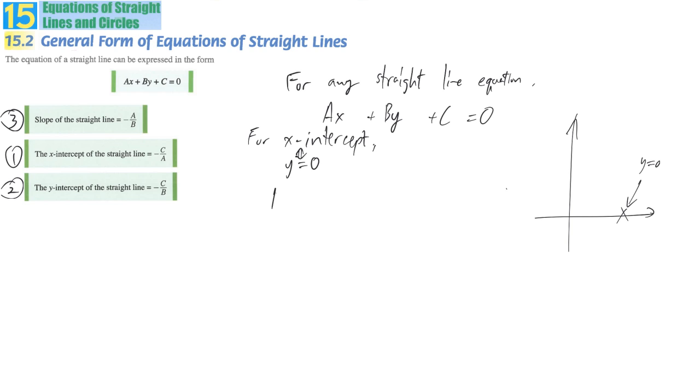Therefore, at that point, ax plus b times 0, replacing y by 0, plus c is equal to 0. And then b times 0 disappears. Then we solve for x in that condition.